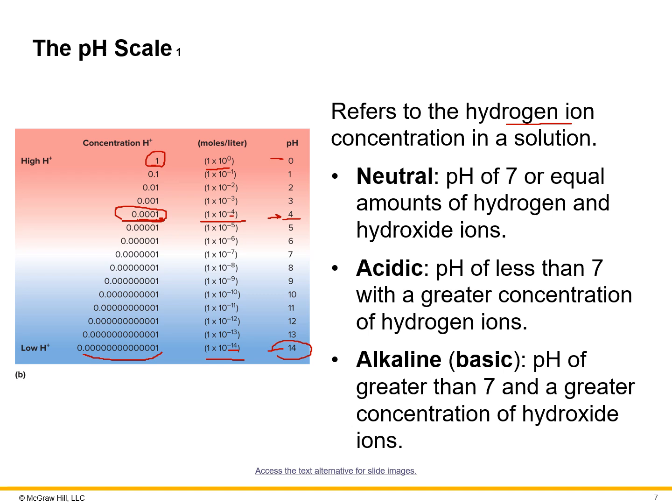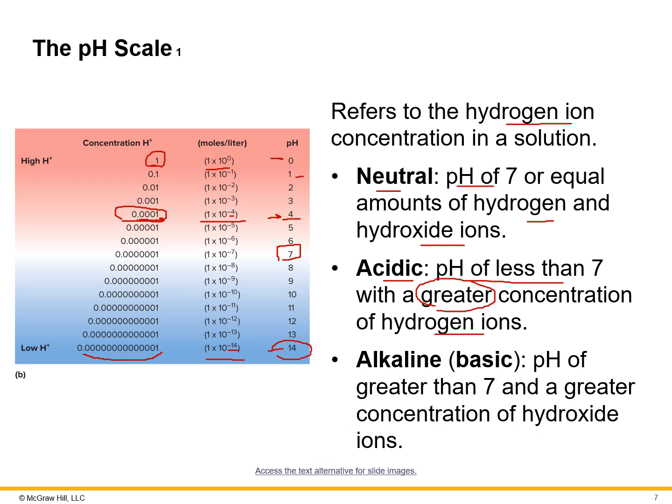Now we also have a couple of terms with this. Neutral is a pH of 7, right in the middle between 0 and 14. That is a neutral pH, meaning there are equal hydrogen ions and hydroxide, which is the OH. Acidic is a pH of less than 7, which means we have a greater amount of hydrogen ions.